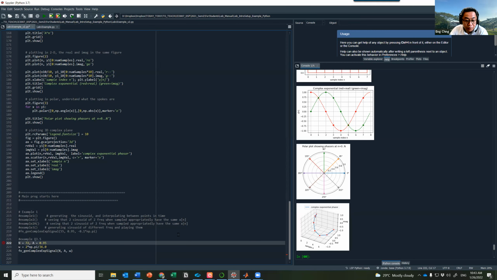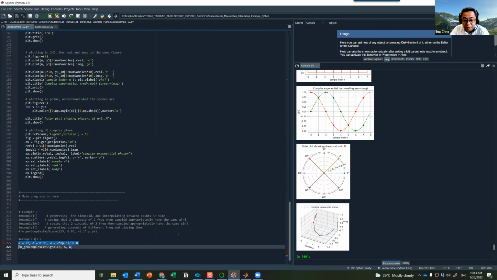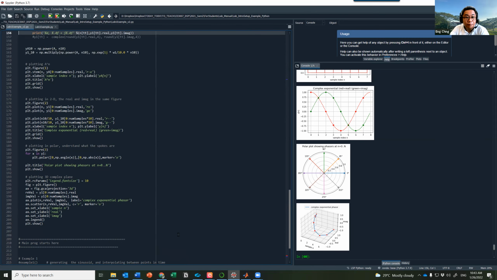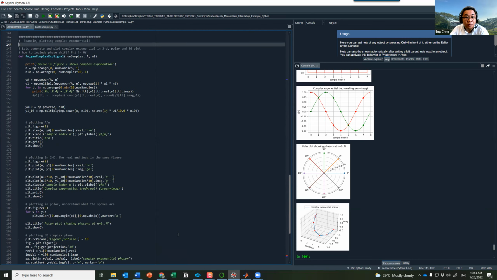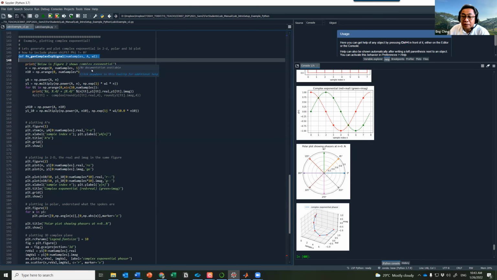Let's see what we do, and then let's see what we get. So this is the variable, this is the function, and the function is on top. And now we see the function. The first parameter is the number of samples. And then we have A and W. Right? W is the, what do you call that? Digital angular frequency. Let's run.